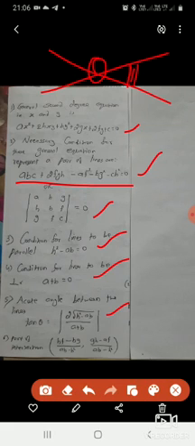The coordinates of the point of intersection can be directly found by using this one: (hf - bg)/(ab - h²) is the x coordinate, and (gh - af)/(ab - h²) is the y coordinate.